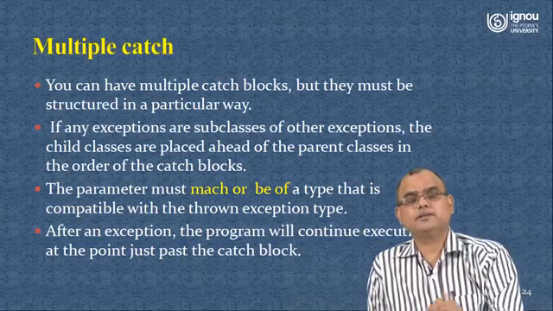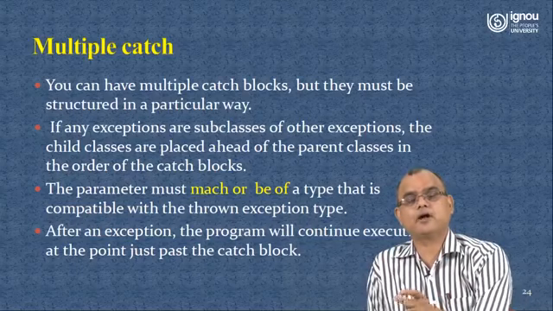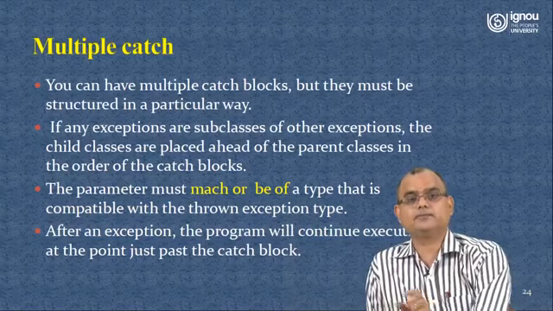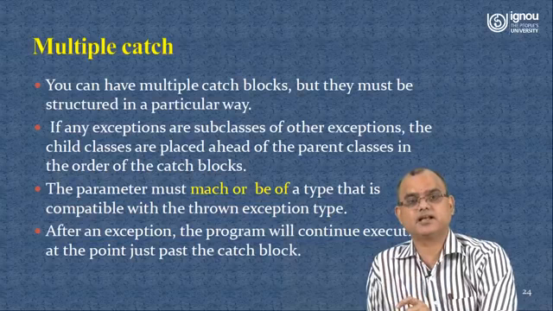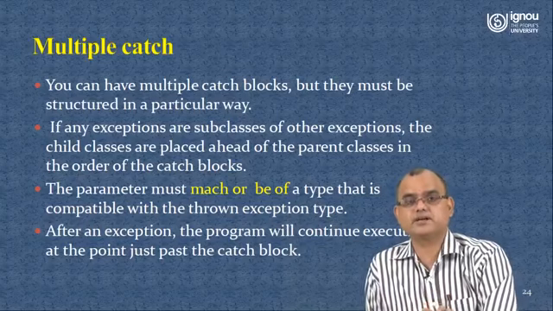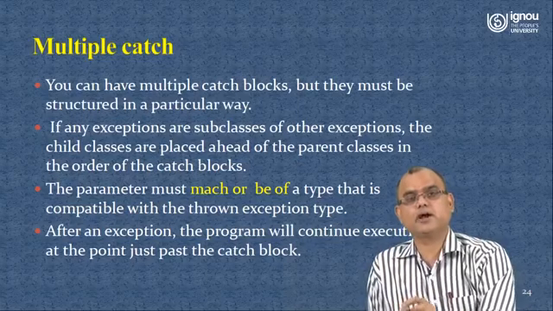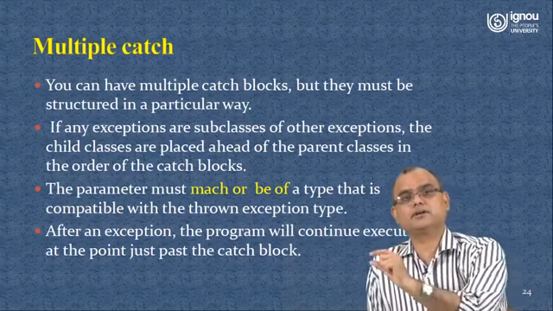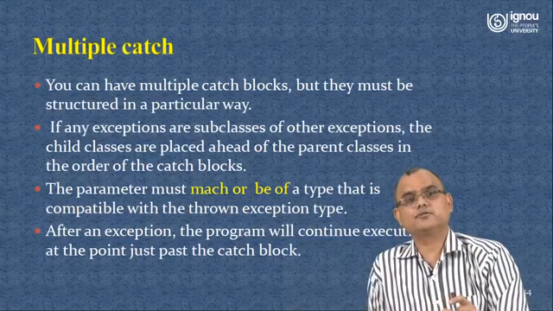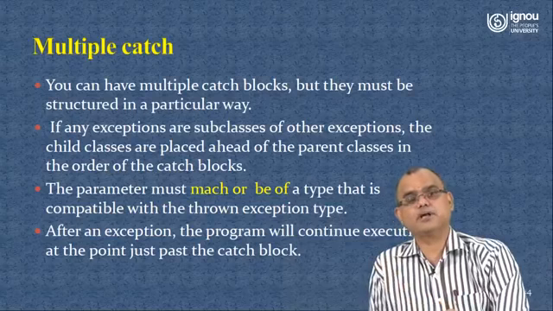So obviously the catch block will be executed only if there is a specific match, or it is of a type that is compatible with the thrown exception type. That compatibility will be checked by the compiler, and it will decide which particular block is going to be executed as per the thrown exception object from the try block.